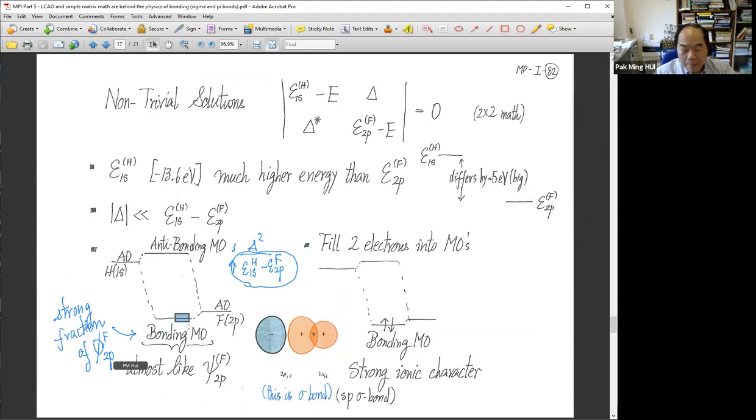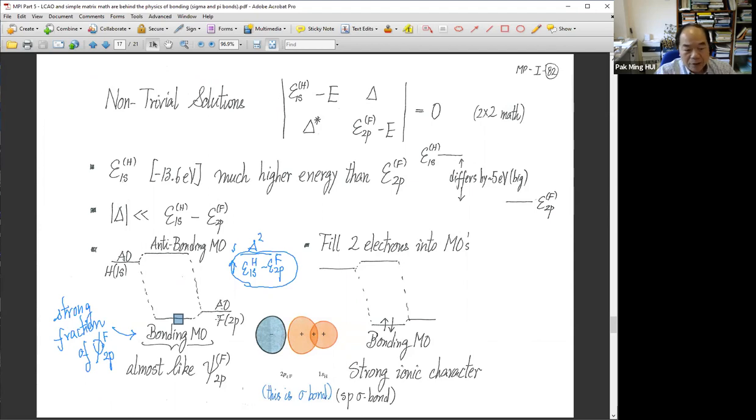Okay, remember by matrix mathematics, the one that is closer in eigenenergy to this, the linear combination will have, say, 85% of this, 15% of that. So that will carry a high percentage of the fluorine atomic orbitals.